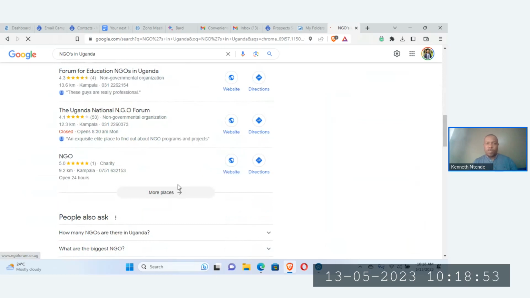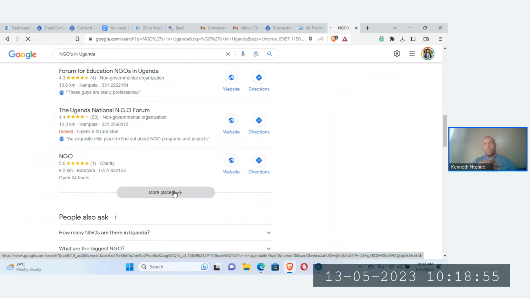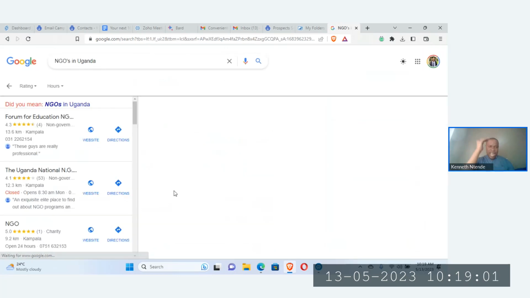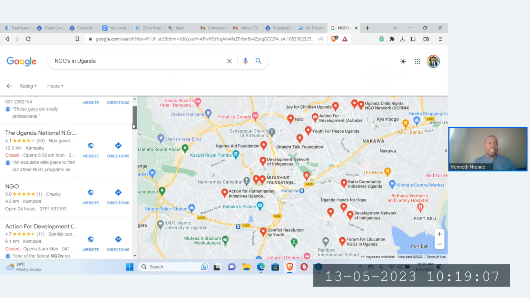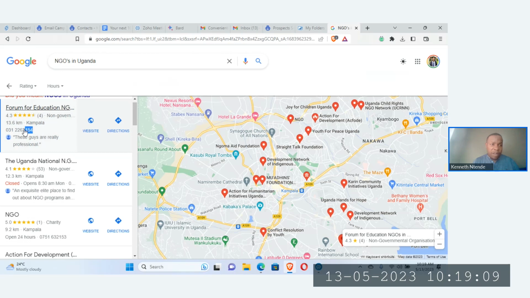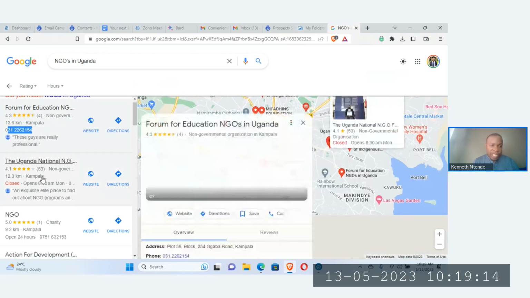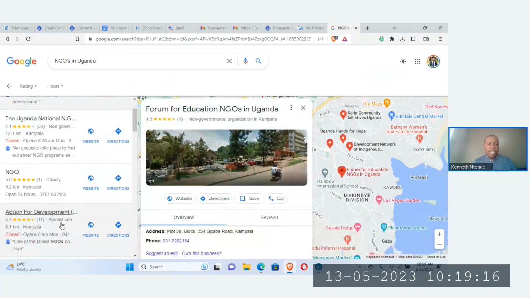Now the beauty about Google is, hypothetically I'm selling to these NGOs. The moment I search for that, it brings me a ton of NGOs. And for those that are following me on YouTube and the webinar itself, you can see that each of these gives you a phone number, a website, and a location.